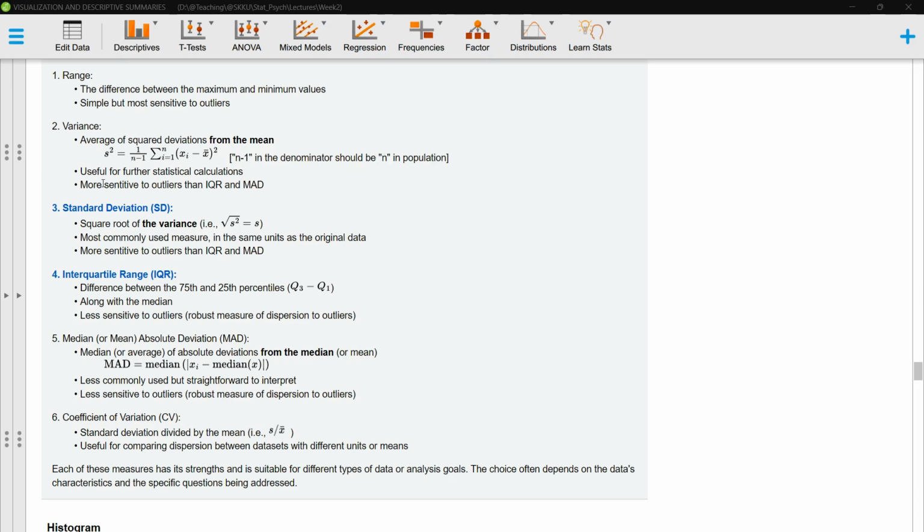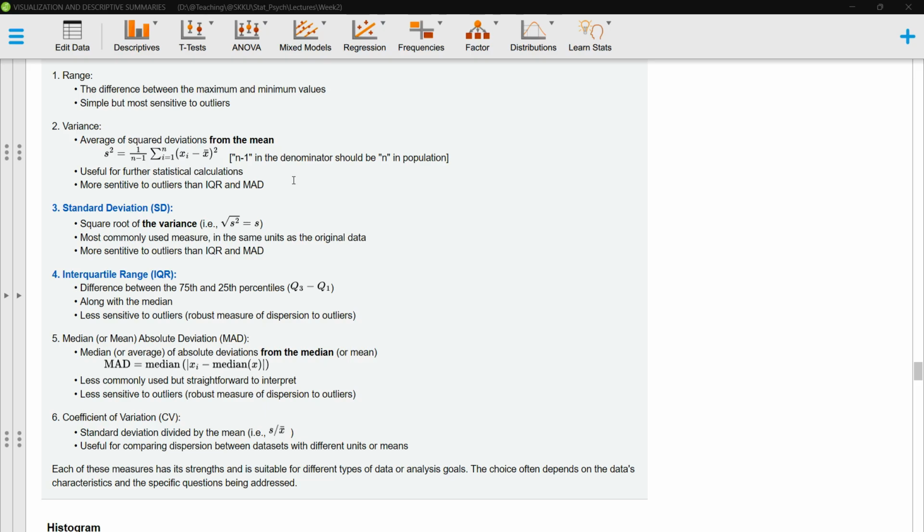The variance is useful for further statistical calculations. We could use the absolute value of the deviation, which is more straightforward and easy to understand. But why do we need to use the squared deviations instead of the absolute value of the deviation?